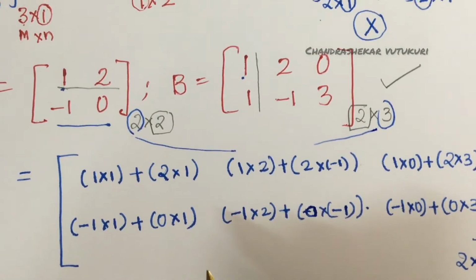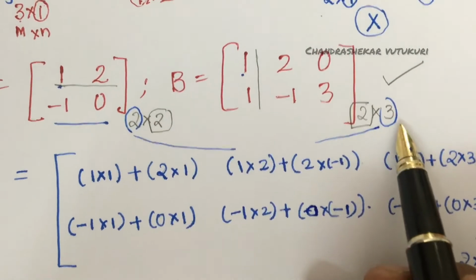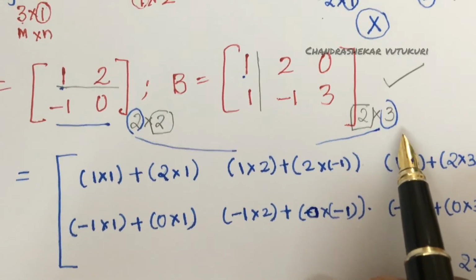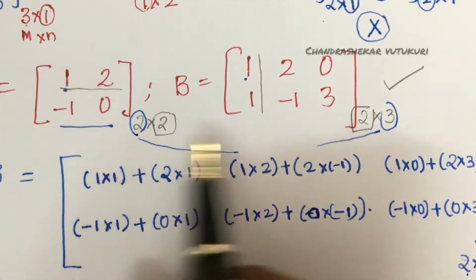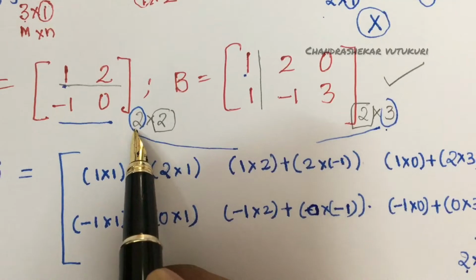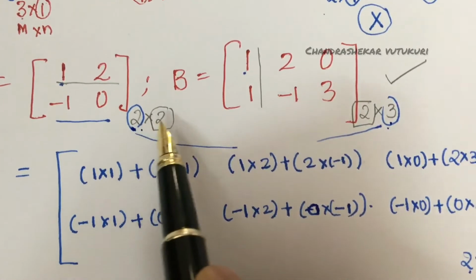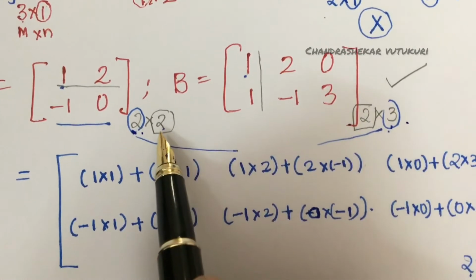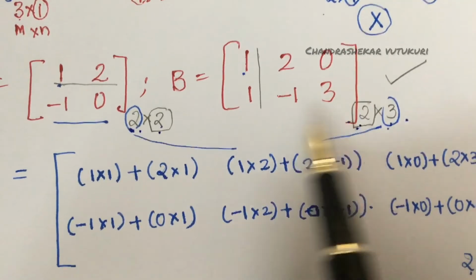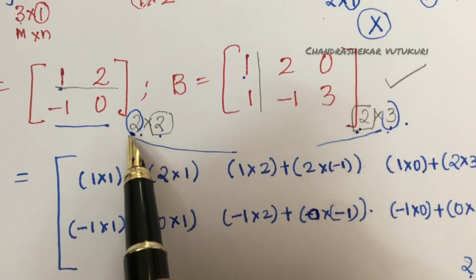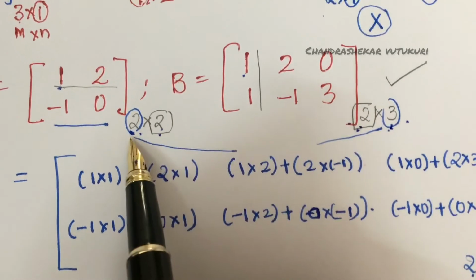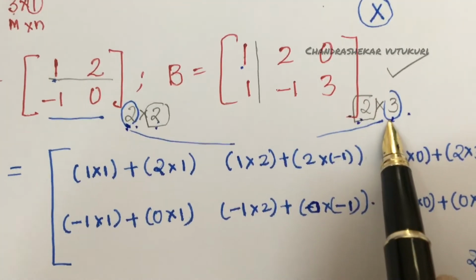That is the reason I am focusing on how to work out the order of the matrix, and that is very important. The second and third numbers must be equal, then only we can multiply, and the final result, when you cross check, should be the first and the fourth number.